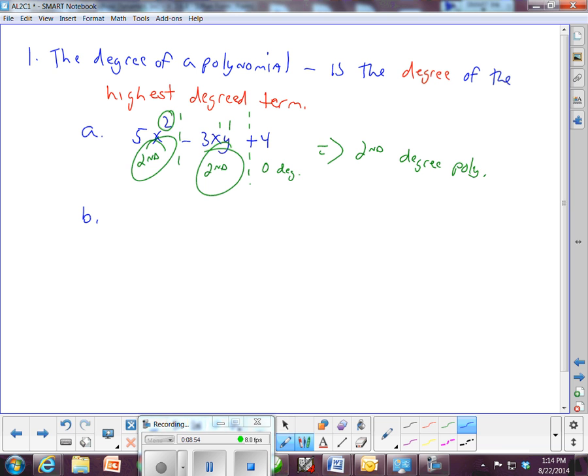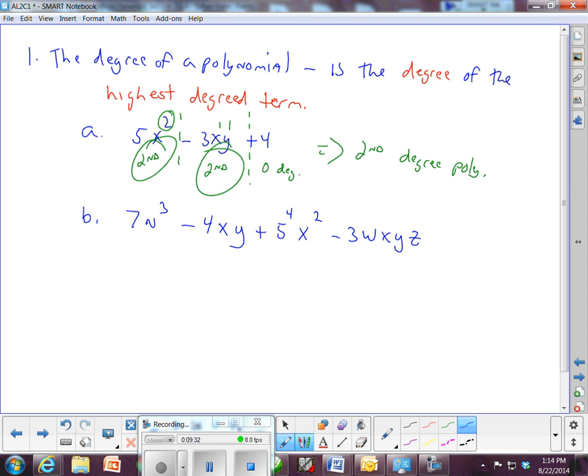How about something like this? 7n cubed minus 4xy plus 5 to the 4th x squared minus 3wxyz.